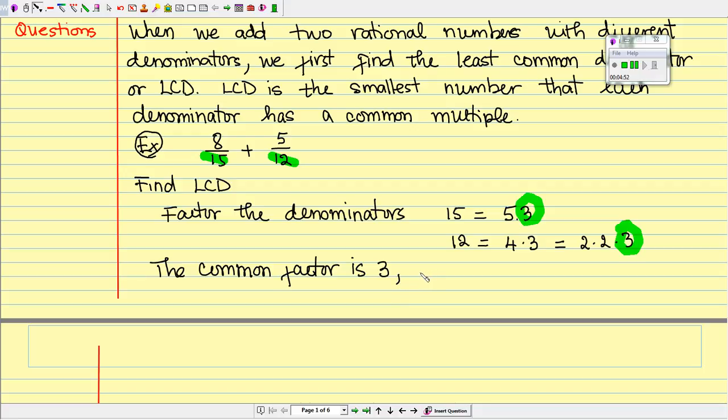The remaining factors are 5, 2, and 2. Even though the same factor repeats, you have to write both of them. So I'm talking about this number 2 here.